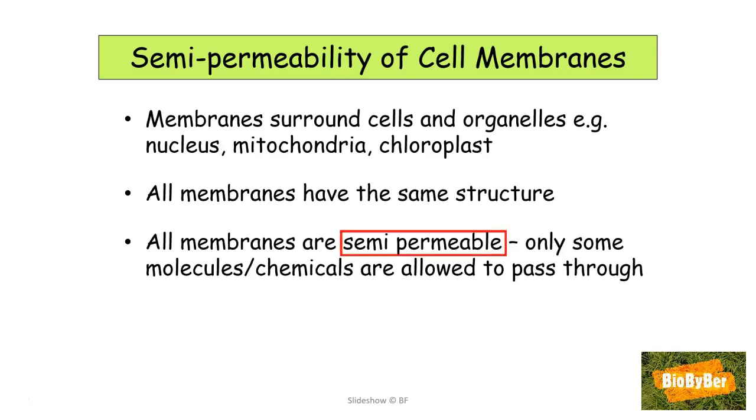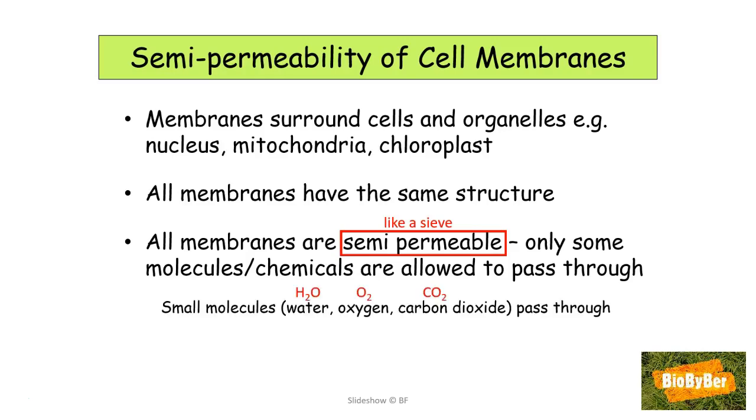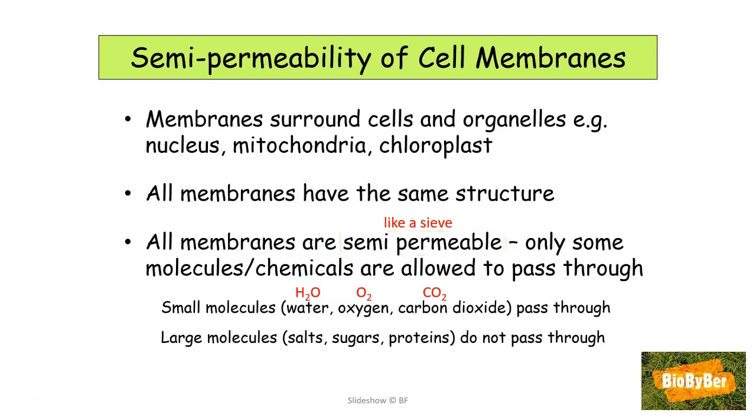Only some molecules or chemicals will be allowed to pass through. They act like a sieve. This is the vital point here. Small molecules like water, oxygen, and carbon dioxide will pass through no bother, whereas larger molecules like salts, sugars and proteins will not pass through.